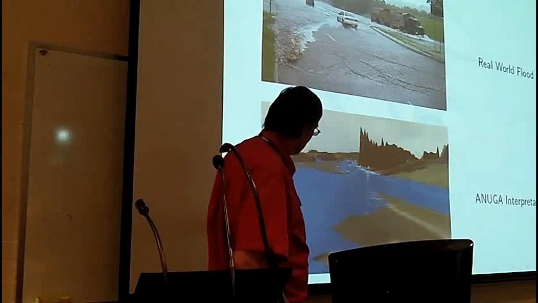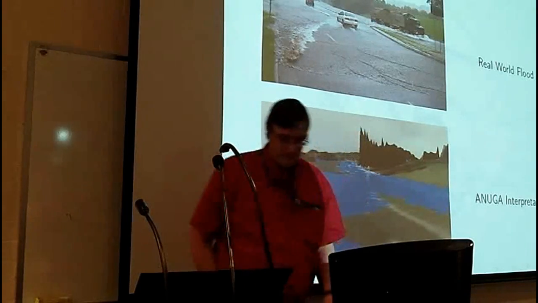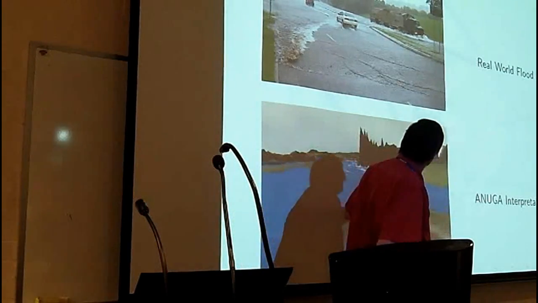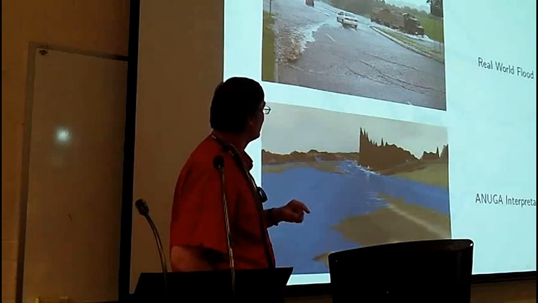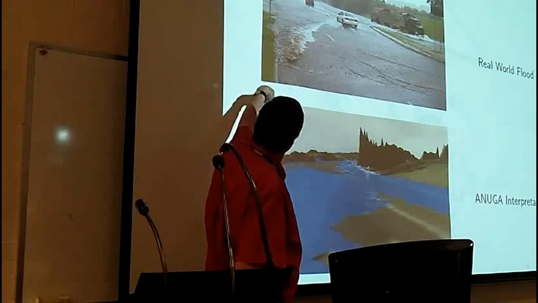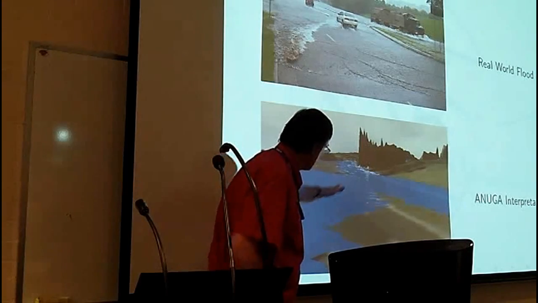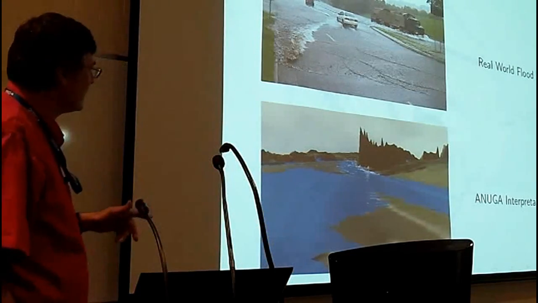The elevation data actually does have things like the median strip on the road, and once again you can't quite see it, but it also has the gutter as well. And unfortunately, I can't see it from this angle, but there is actually a hydraulic jump sitting there.